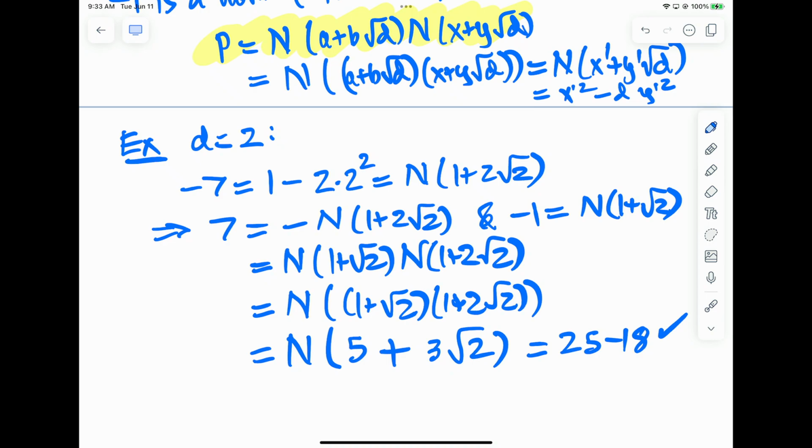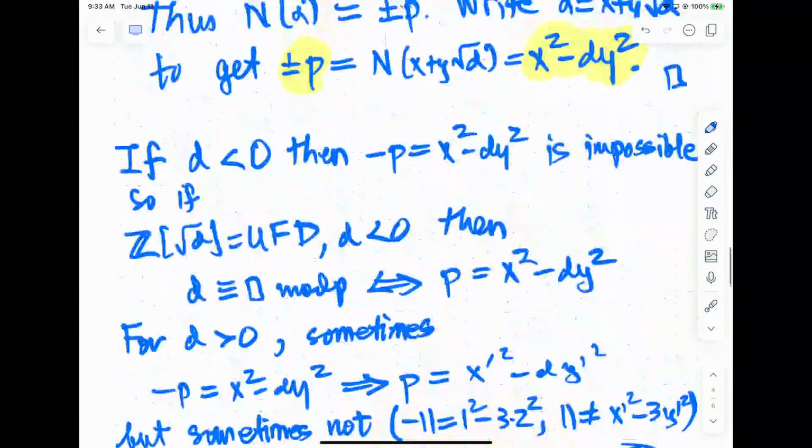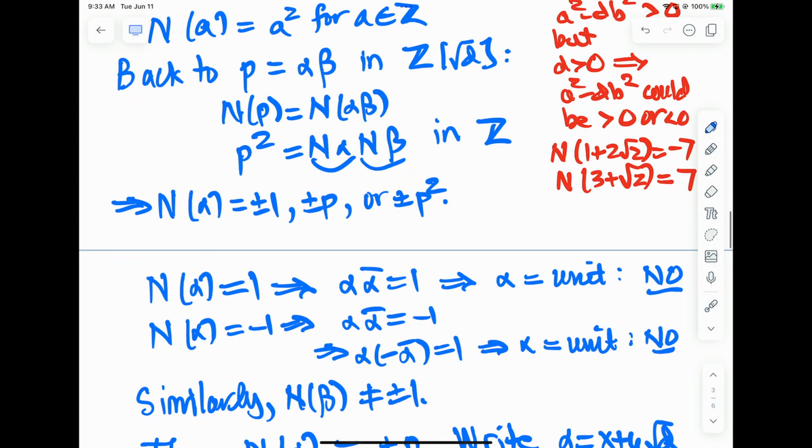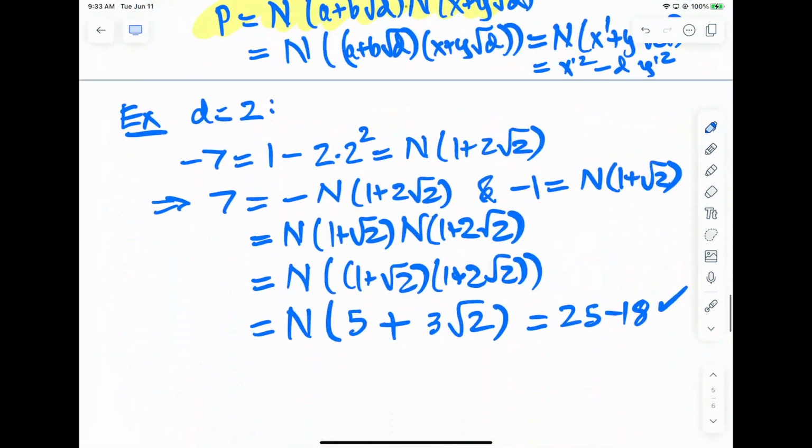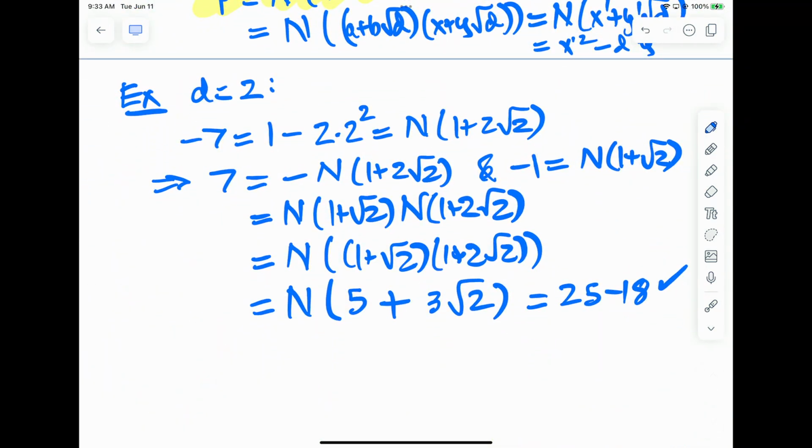Notice earlier I had written in red 7 as the norm of 3 plus root 2, which is a simpler looking thing. So I got 7 as a norm here from minus 7 as a norm, but I didn't get the expression I saw earlier for 7 as a norm. So there are lots of ways of writing a number as a norm sometimes. In any case, I should have written 5 squared minus 2 times 3 squared. 25 minus 18 is 7.